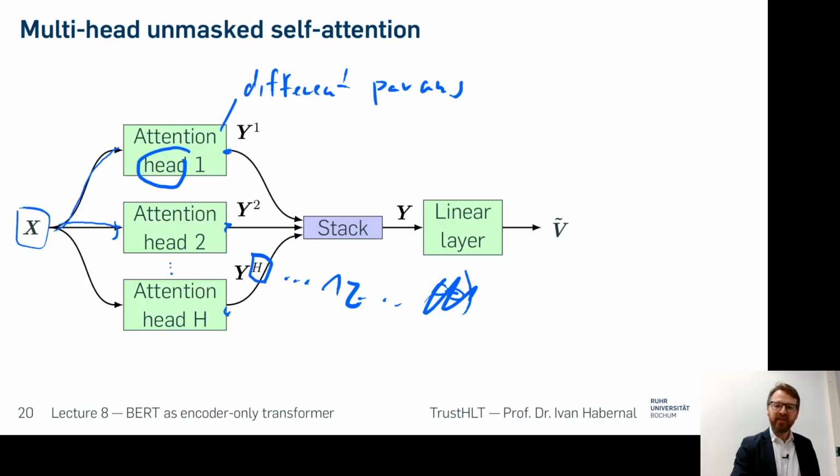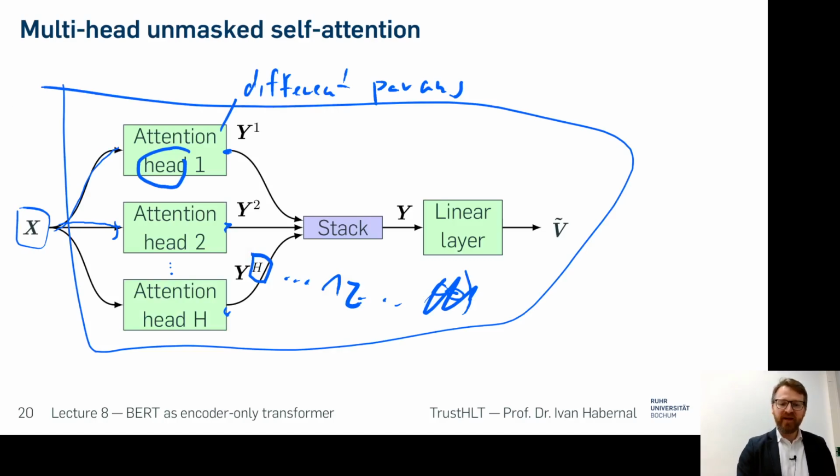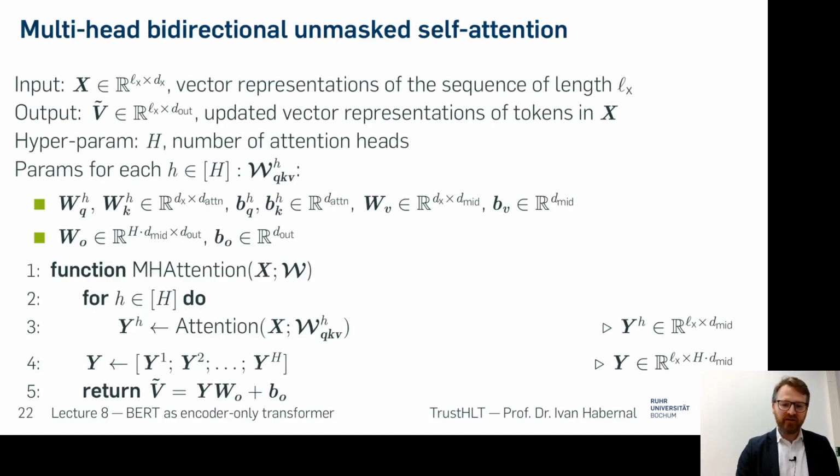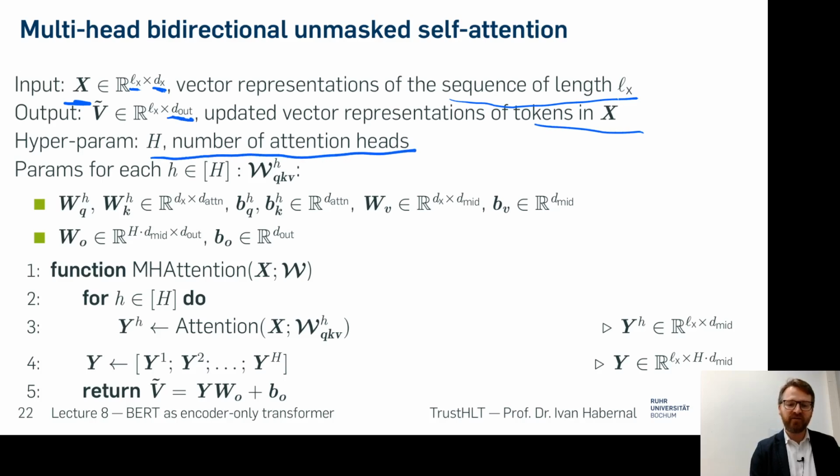Now we need to describe multi-head self-attention. The input is a matrix: the number of inputs times some dimensionality, a vector representation of the sequence of length L. The output will be of a different dimensionality, an updated vector representation of the tokens in X. There are a number of attention heads, which we just discussed, and parameters for each head.